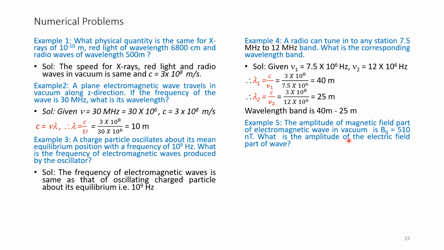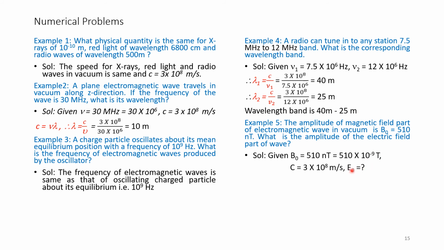So he has given the magnitude of the magnetic field and is asking us to find the amplitude of the electric field. Given B naught is equal to 510 nanotesla, nano means 10 to the power of minus 9, so 510 into 10 to the power of minus 9 tesla.